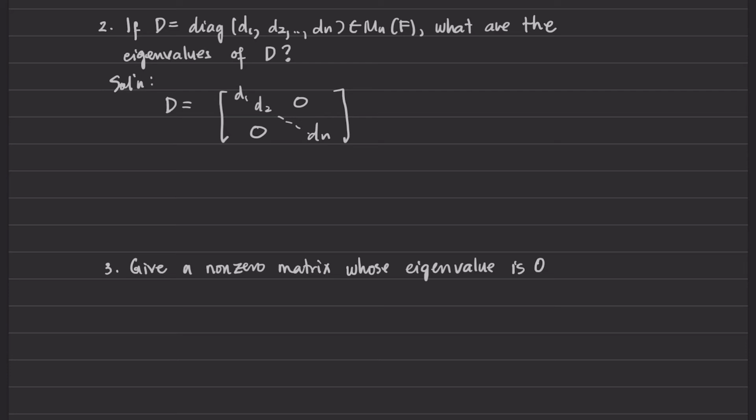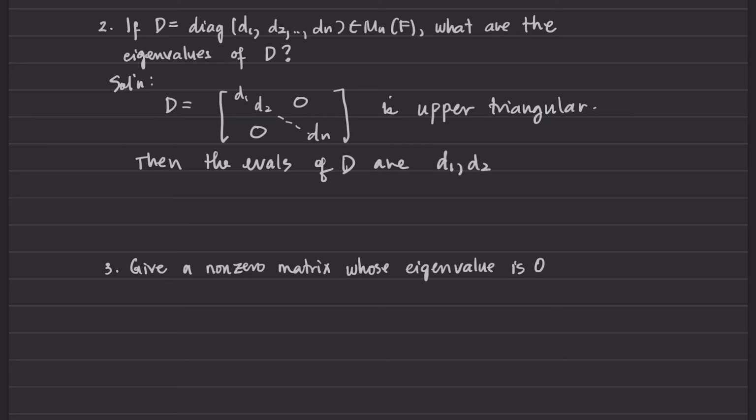Actually, upper triangular siya and lower triangular at the same time. So, pero sabihin na lang natin na upper triangular kasi yun yung meron tayong property na sinulat ko sa number 1. So, then, the eigenvalues of D are D1, D2, up to Dn. Okay, yung diagonal entries din ang eigenvalues.